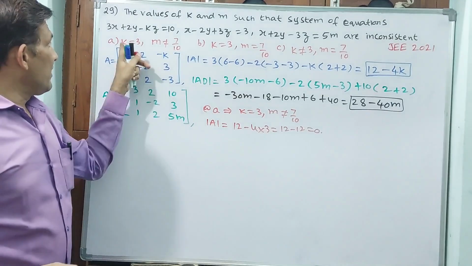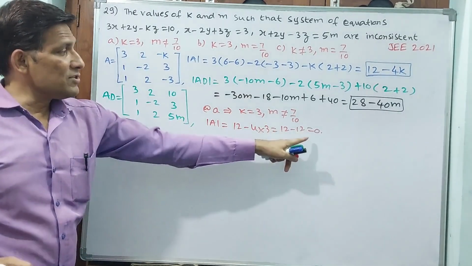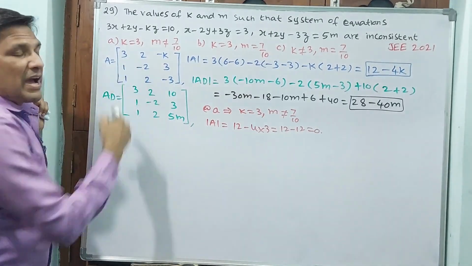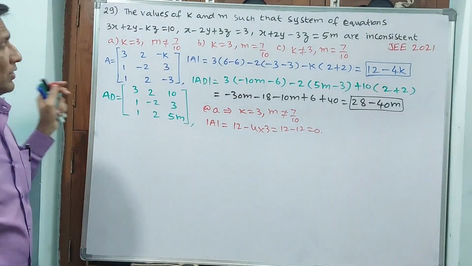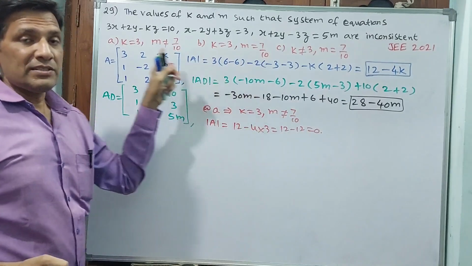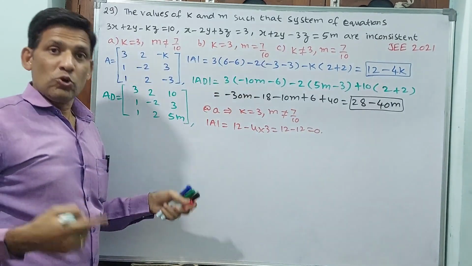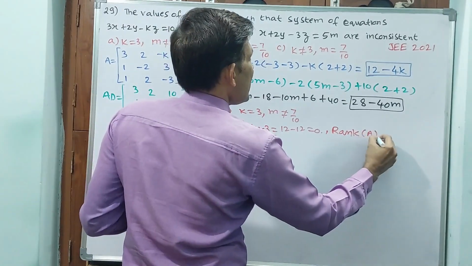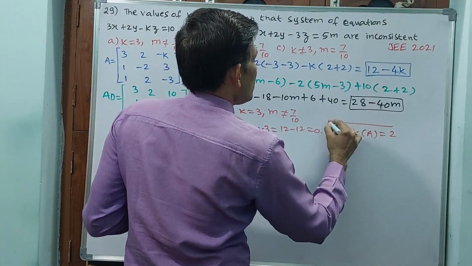At A, if determinant A is 0, then you go back inside. If you go inside, minus 6, minus 2, minus 8, this is not 0. Overall determinant is 0, but inside not 0 means rank is 2. Rank of A is equal to 2.